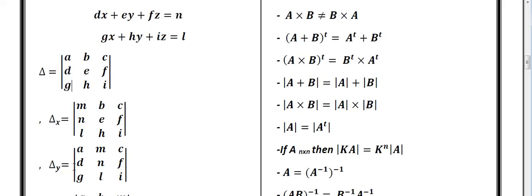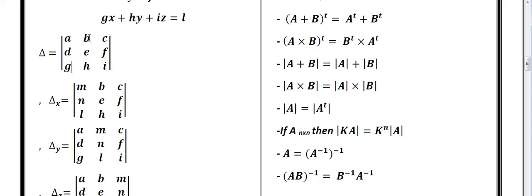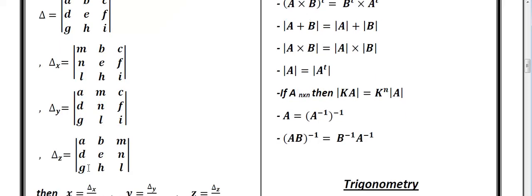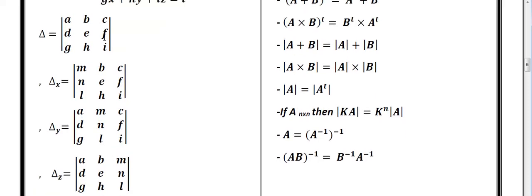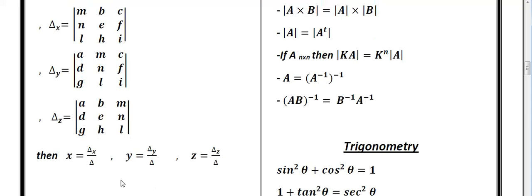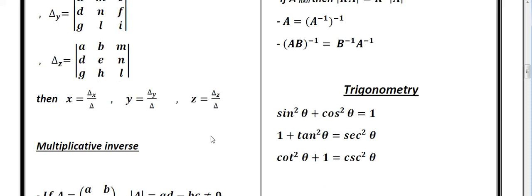To find delta y, cancel the second column, b, e, h, and write m, n, l. To find delta z, cancel the third column, c, f, i, and write m, n, l. Then x equals delta x over delta, y equals delta y over delta, and z equals delta z over delta.